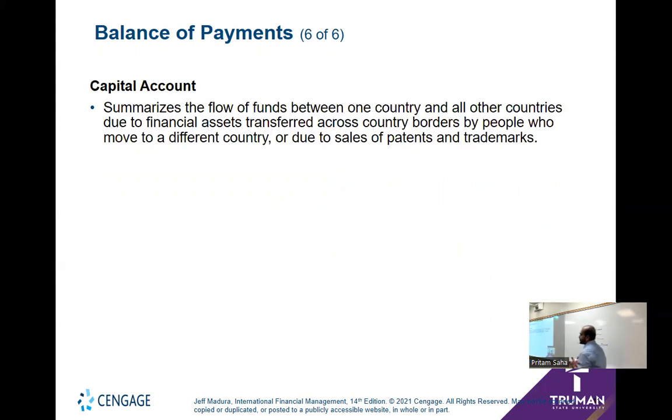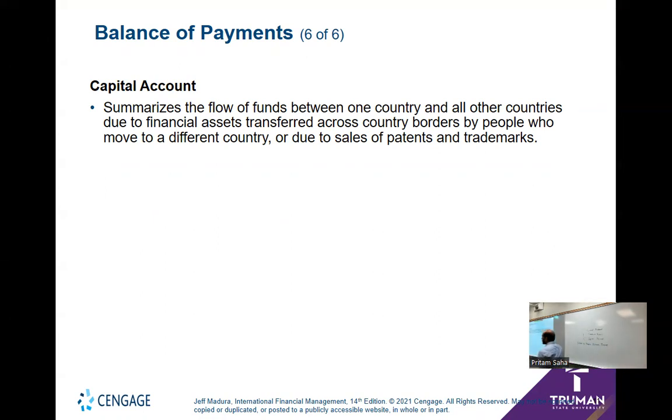Finally, the capital account. As we already talked about, it's a very unique type of account because it summarizes any transaction, any flow of funds between two countries when you are moving to a different country. You're selling any asset, your copyright, your patent, your licensing, because you're moving from one country to another.